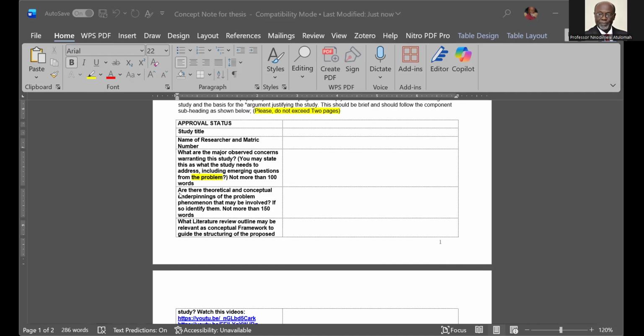And then the next one says, are there theoretical and conceptual underpinnings of the problem phenomena that may be involved? Usually there are. Every research that is conducted must have the scientific foundation which the theoretical and conceptual framework offers.